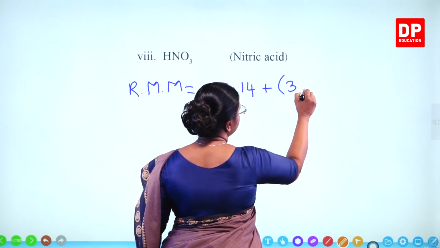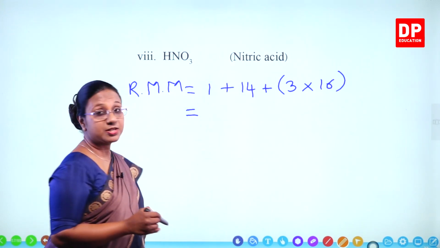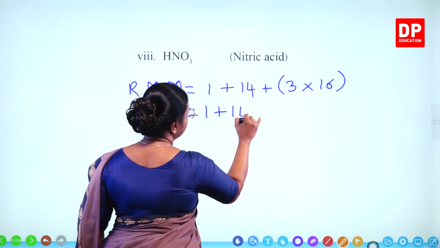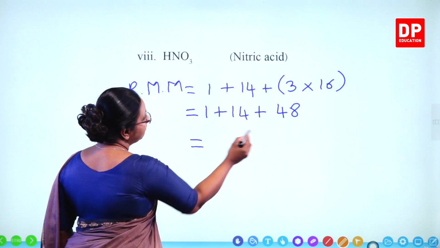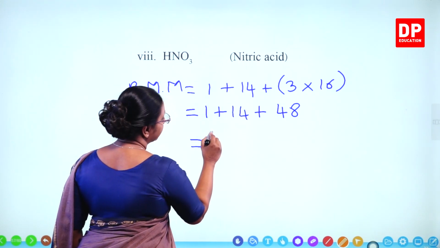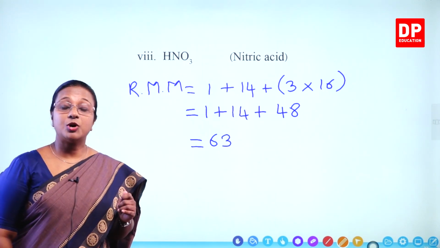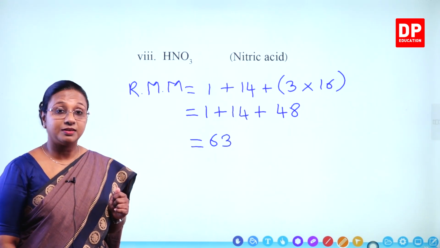So 3 times 16. 16 is the relative atomic mass of oxygen. So that will be 1 plus 14 plus 48. Then we will get the value as 63. That is the relative molecular mass of nitric acid, HNO3.